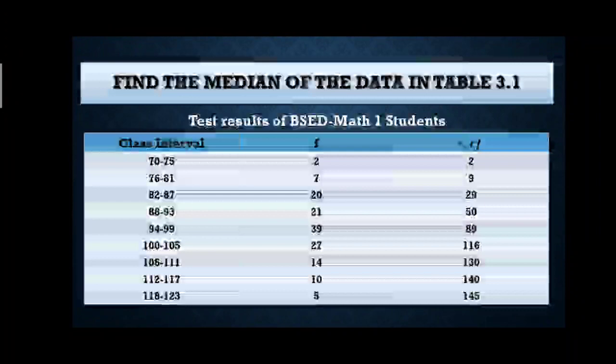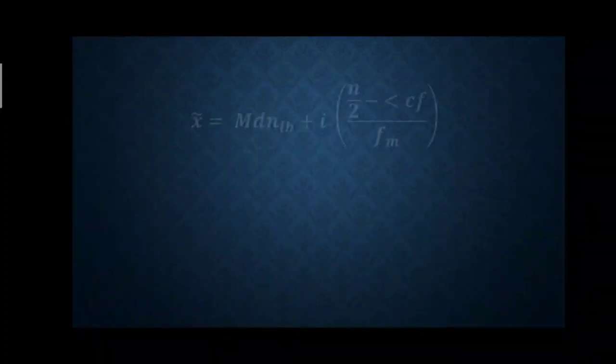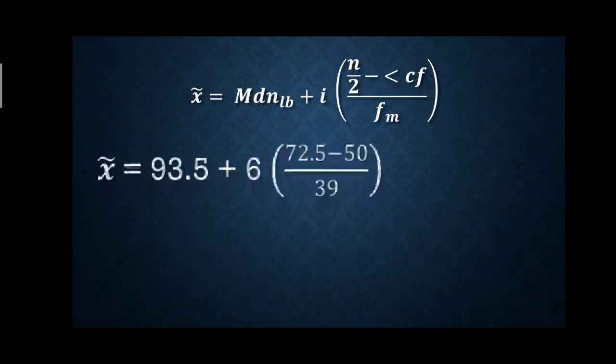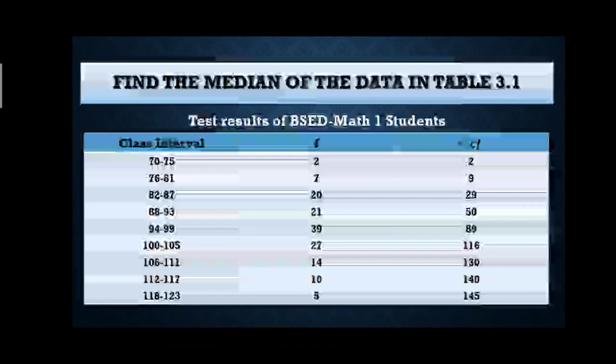Yung mas maliit pa, or mas mababa pa sa 72. So 50. Then our lower class boundary is 93.5, since 89 is the nearest, the less than cumulative frequency is nearest to 89.